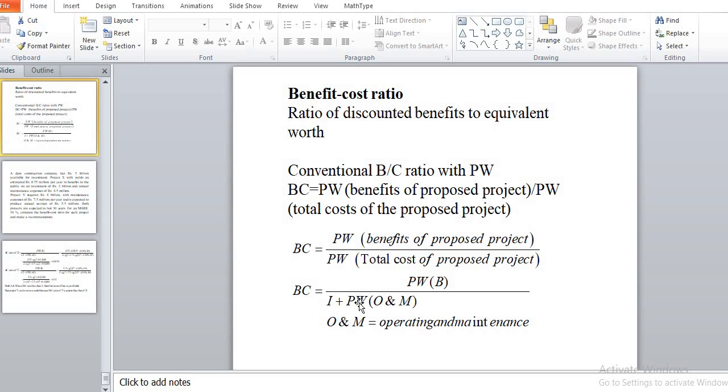So we can modify this benefit to cost ratio as benefit minus the operating and maintenance expenses in the numerator, and the denominator only involves the investment. The denominator only involves the investment as a cost, and the operating and maintenance cost they put in the numerator as benefit minus the operating and maintenance cost, and in total cost, they put the investment in the denominator.